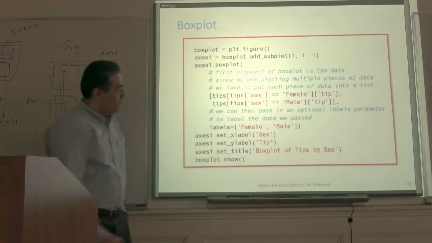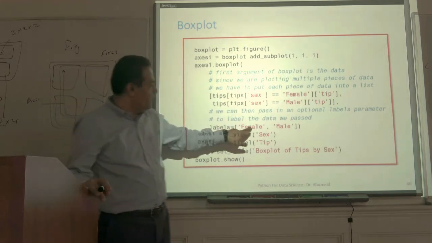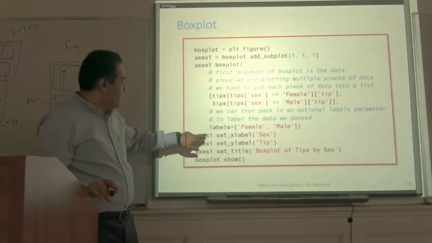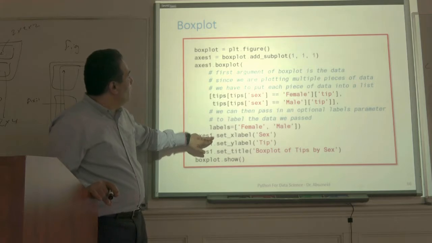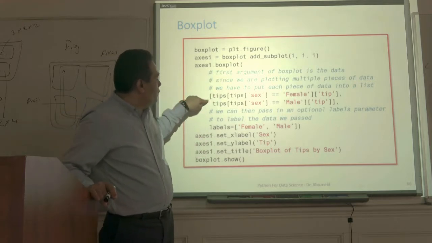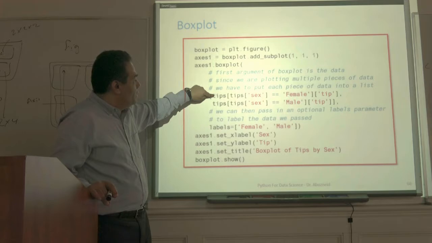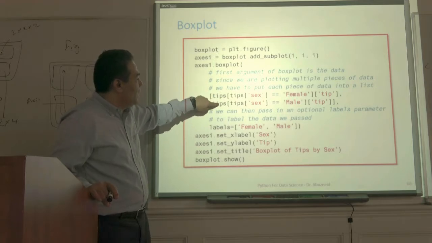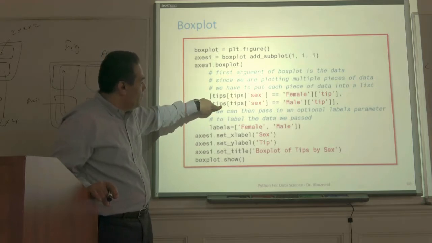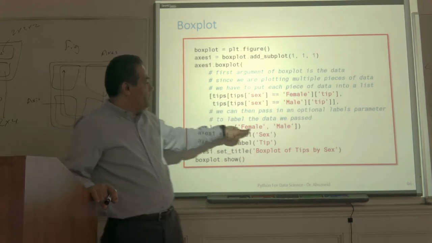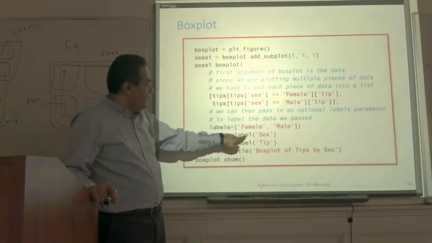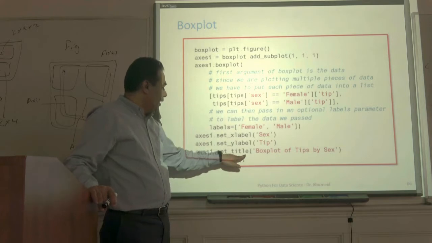And I gave it labels, female and male. The first item is the female and the second one is the male. Then I put the X label, the Y label, the title, and then the show.